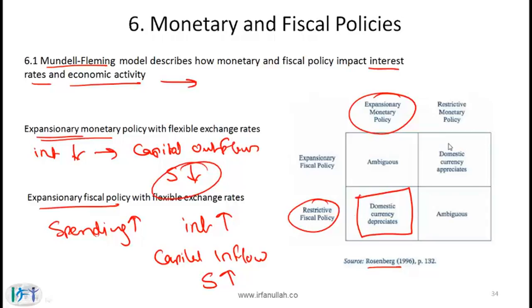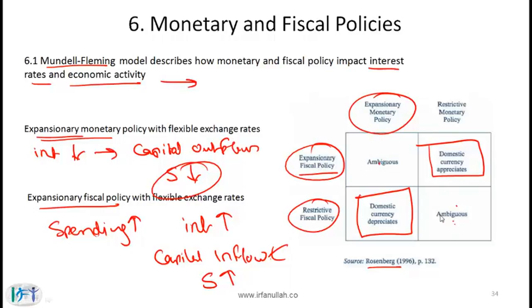A restrictive monetary policy and an expansionary fiscal policy, as we discussed here, will result in the domestic currency appreciating. And these other two areas are ambiguous. Expansionary monetary policy coupled with expansionary fiscal policy will have an ambiguous impact on exchange rates. And here also the impact is ambiguous.